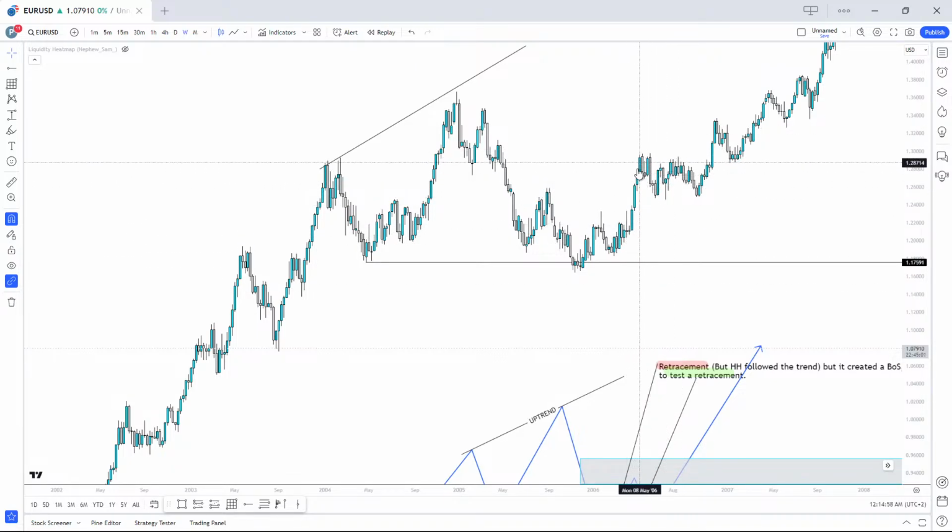You would still consider this a retracement if you didn't see this rally right here, and people would say, oh, this is actually going down, but no, this is a fake breakout structure because you would have to see the reaction off of it. It's all based off of reaction.